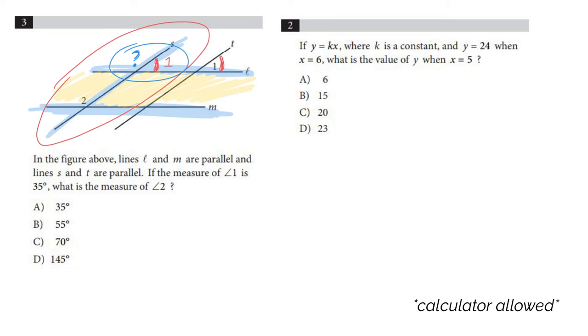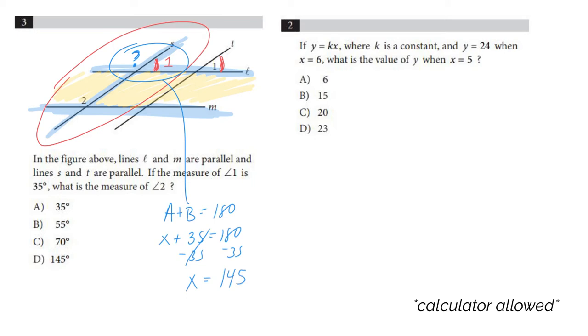So a linear pair is what we would call supplementary, and that's where I have a plus b equals 180. So I can say x plus, I know that the measure of angle 1 is 35, equals 180. Subtract 35 on both sides, and we have x is equal to 145.